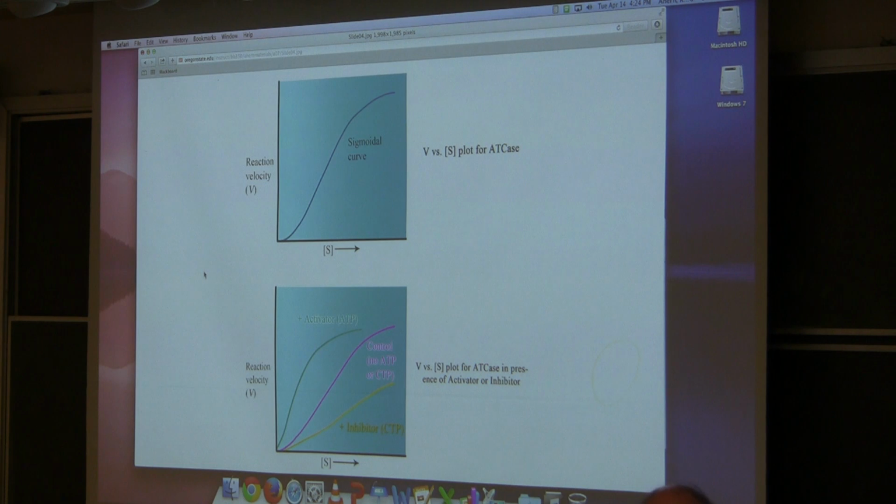The significance was that this meant that, first of all, there was binding of one substrate affecting another, just like hemoglobin. And that meant that we had to have multiple subunits. All right? ATCase is pretty remarkable. It has 12 subunits.